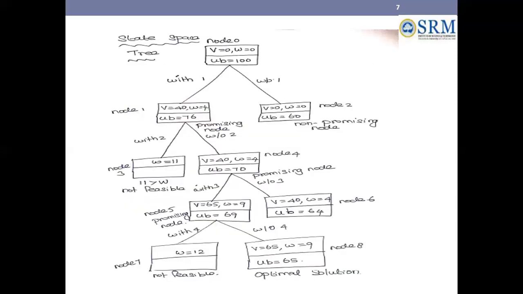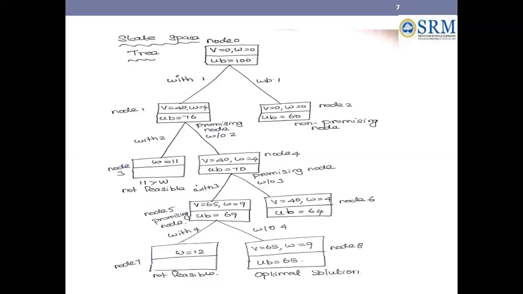Previously the knapsack has 4 kg. If you add 7 kg, the weight becomes 11. So we can't add item 2 because it exceeds the knapsack capacity, not feasible. 11 is greater than knapsack capacity W. So not feasible, that can be removed.